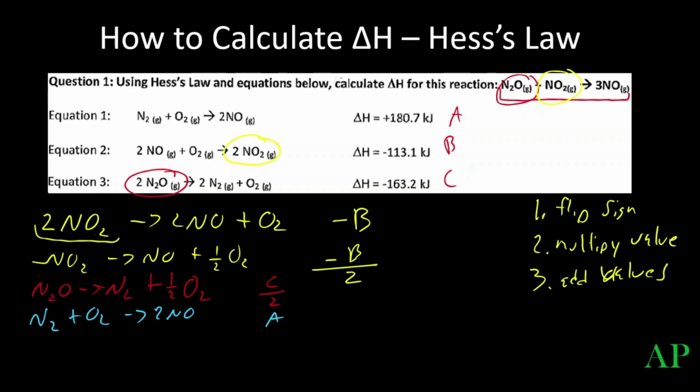So what have I done ultimately? I have taken equation B, flipped it around, and divided by 2. Negative B over 2. We're going to add to that C over 2.